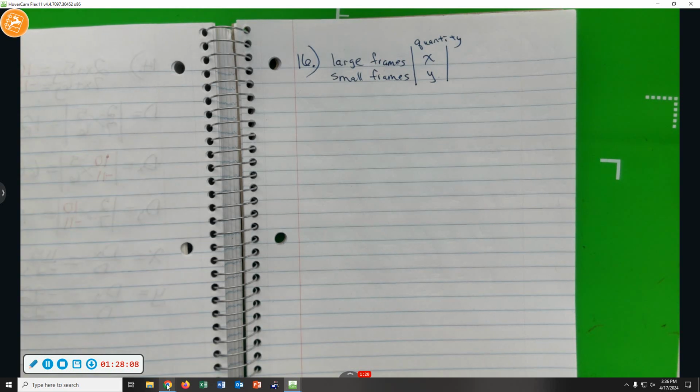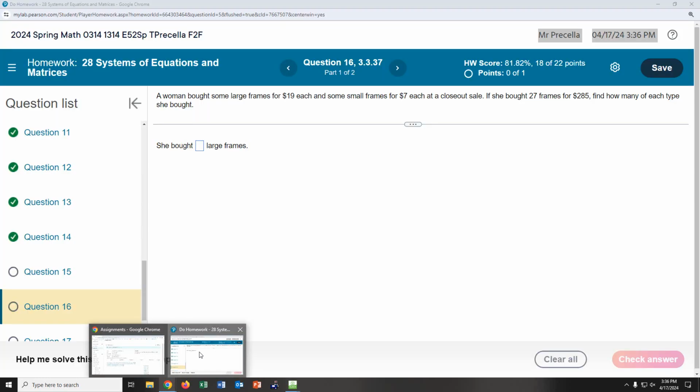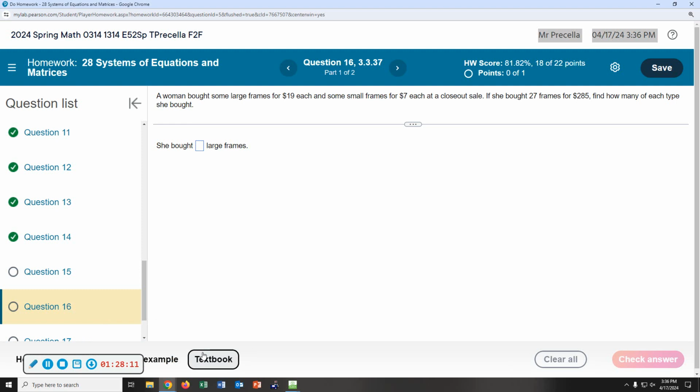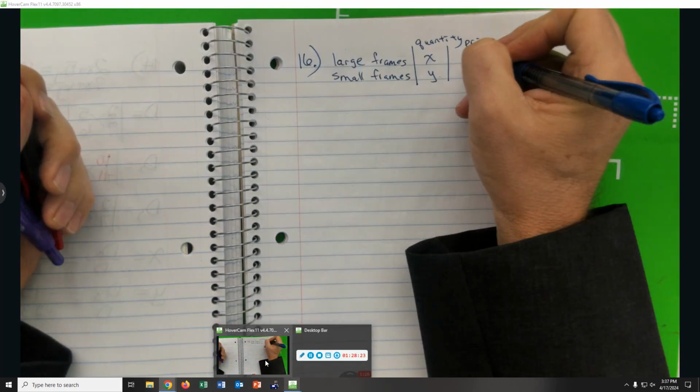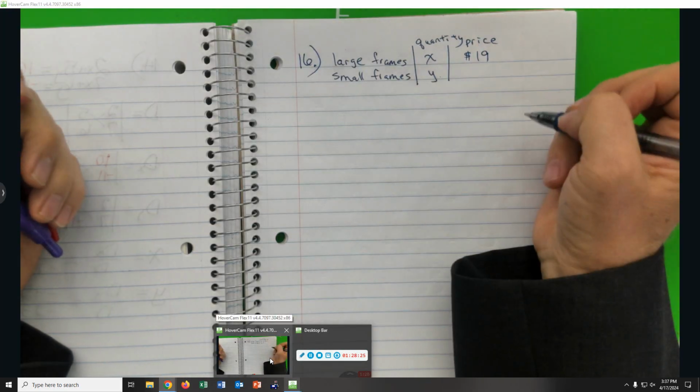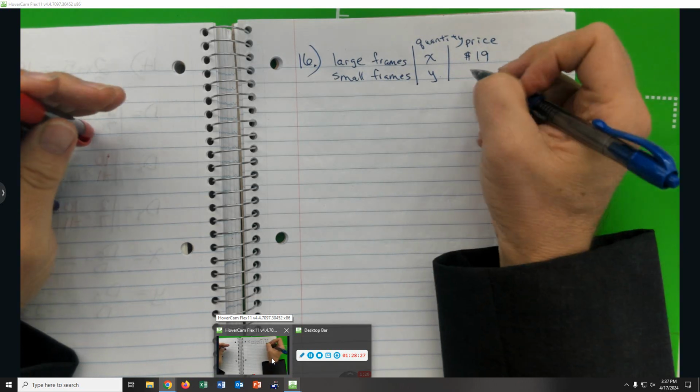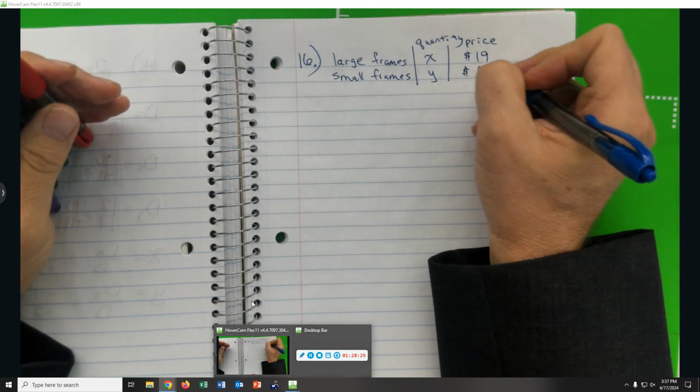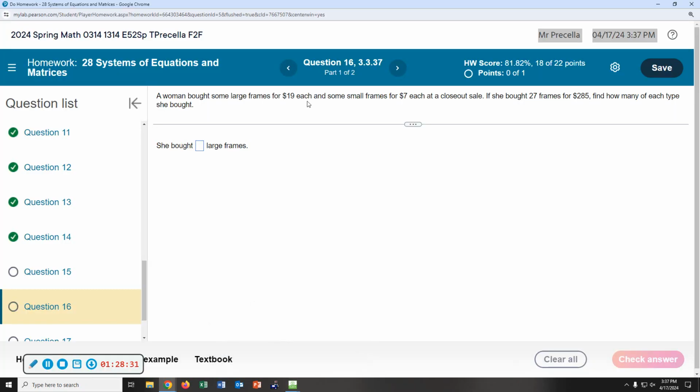Notice how many times I'm rereading the problem. I keep going back, filtering out information. It looks like she's telling us the purchase price. She paid $19 for each large frame and $7 for each small frame. All right, 19 and 7.